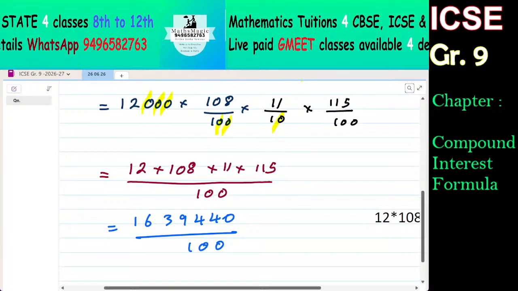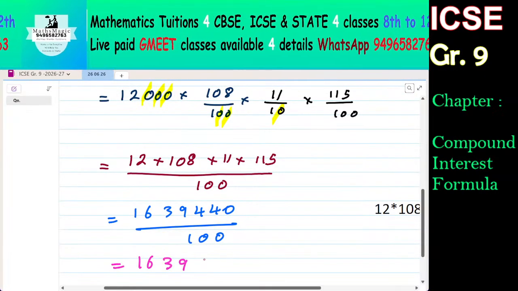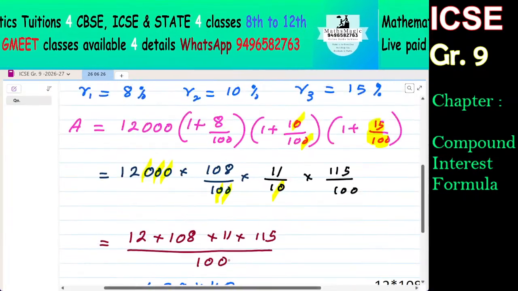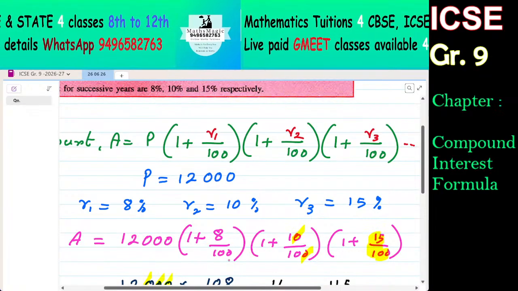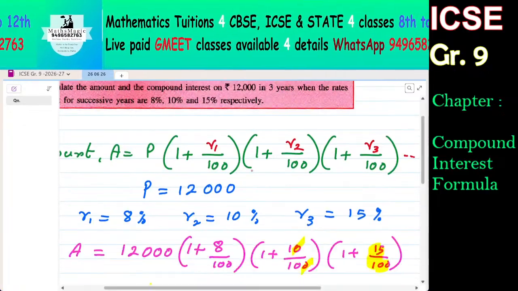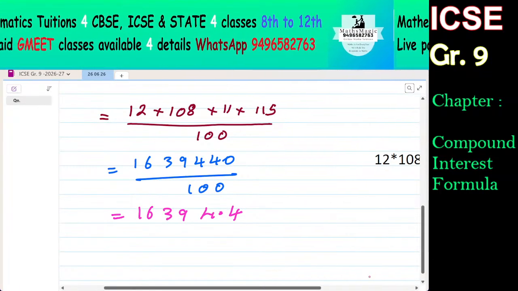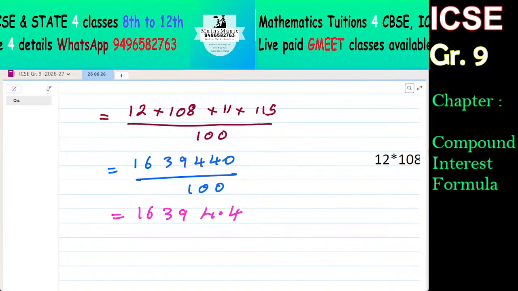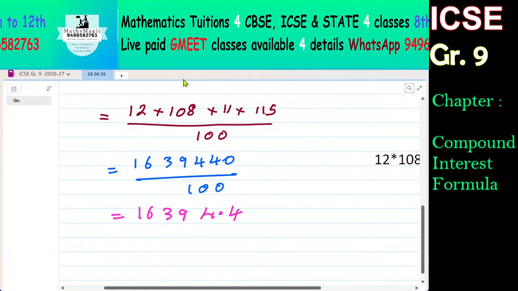So your answer will be 16394.4, and that will be the amount you will get after 3 successive years. Now you have deposited 12,000 and you got 16,394.4. So if you want to know the compound interest, you need to subtract 12,000 from this.